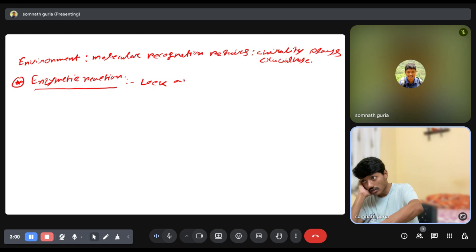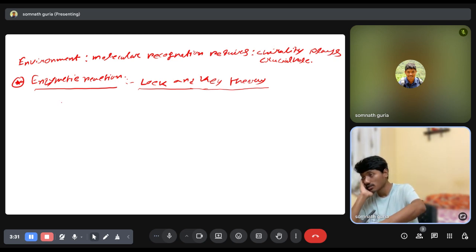How is it created? We have something called the enzyme pocket.